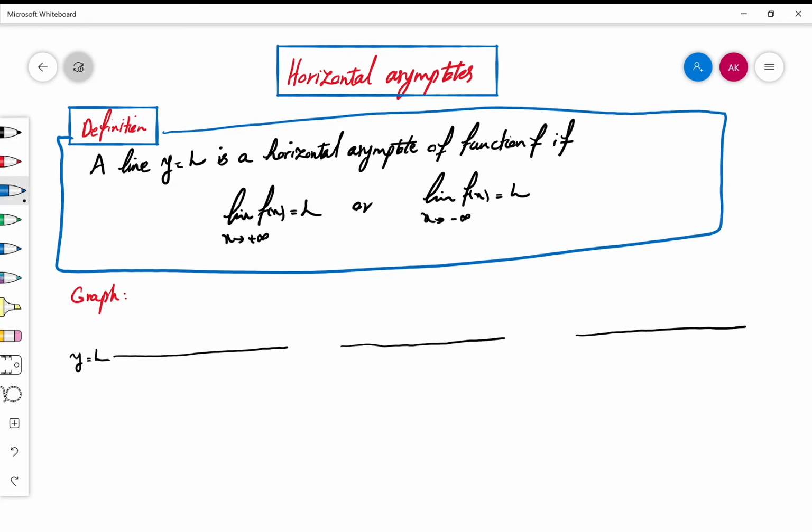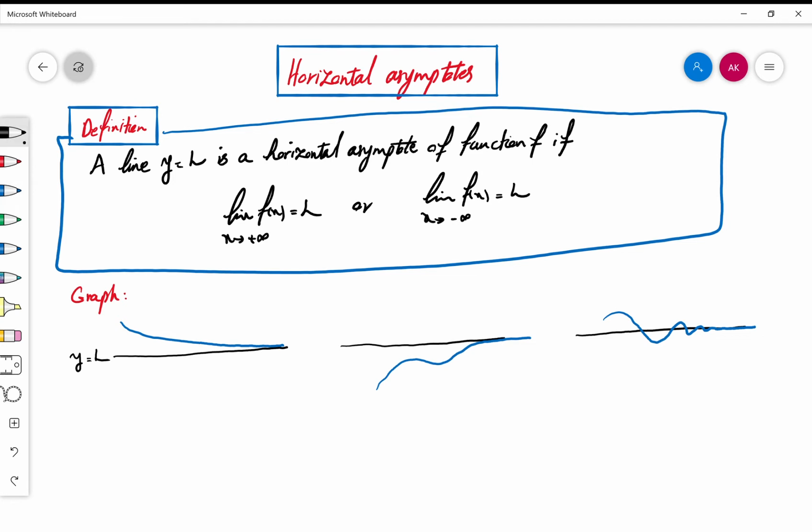Either the function gets closer and closer from above, or from below, or it can do something crazy like touching and intercepting the line, each time getting closer and closer to it. And similarly on the negative side.